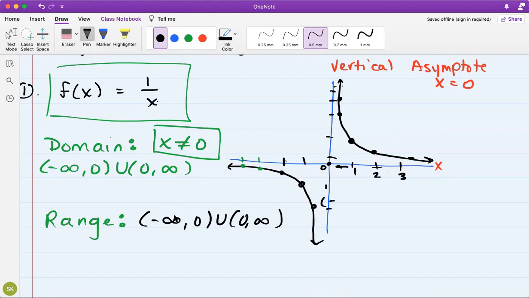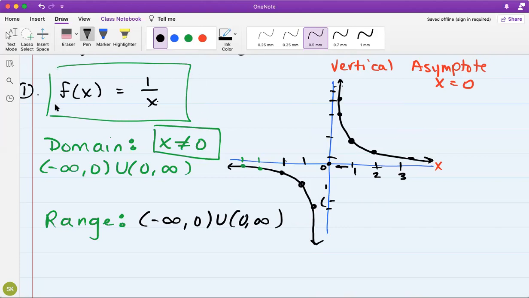Okay, so let me tell you how we're going to determine if we have vertical asymptotes and horizontal asymptotes just by looking at the function. Okay, so we're not going to look at the graph. The idea is eventually we're going to graph these, but we can actually get that information if we have a vertical asymptote or horizontal asymptote just by looking at this function.